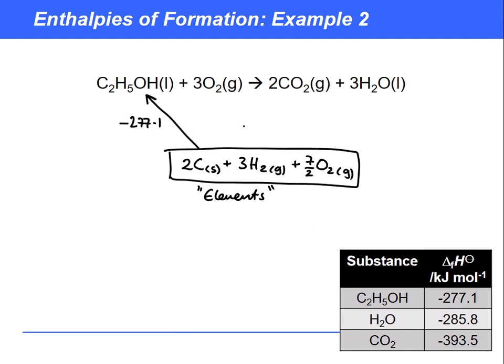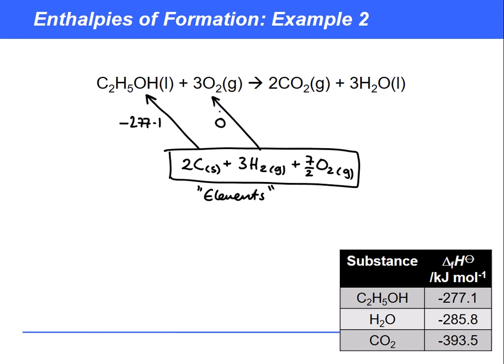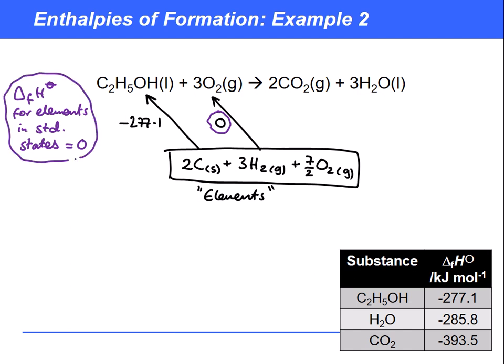Now when we look at the table here for oxygen, we actually find that our value is 0, and that's an interesting point to note here, that this value is 0, and that's because the enthalpy of formation for elements in their standard states is 0, and that's always going to be the case. To turn oxygen gas into O2 gas doesn't need or release any energy.